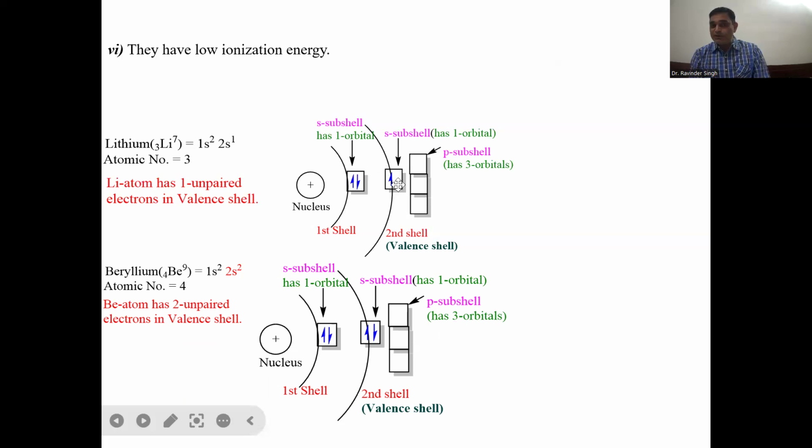So these electrons cannot be easily lost. For losing these electrons, we require some amount of energy. That is the amount of energy required to remove the valence shell electron, but there is a condition. The condition is that the atom must be present in the isolated form, in the gaseous state.